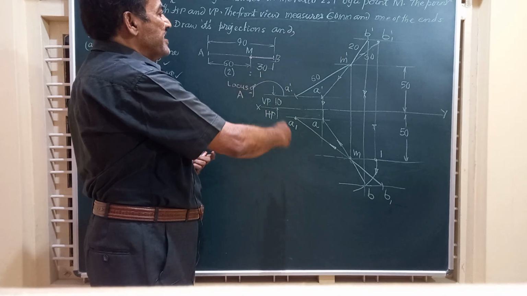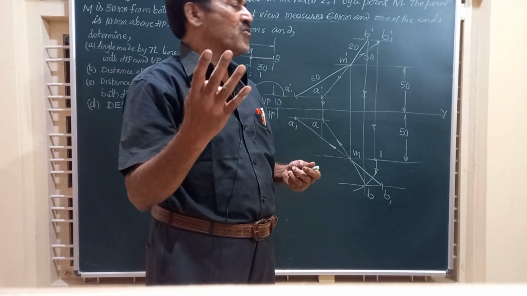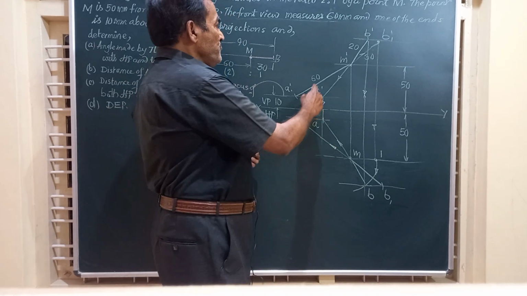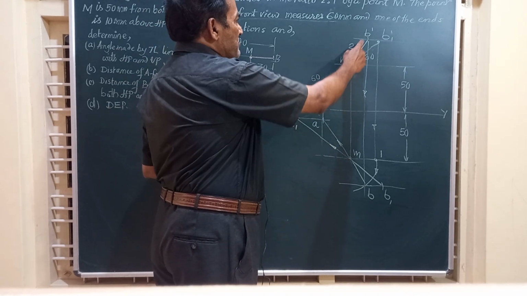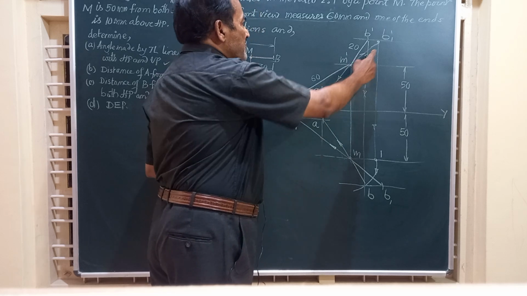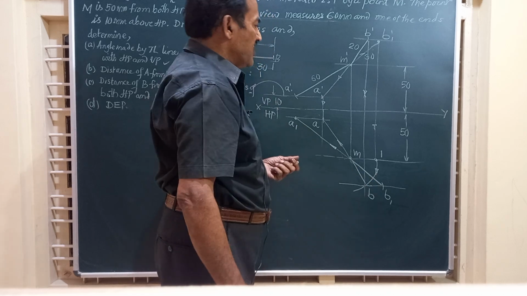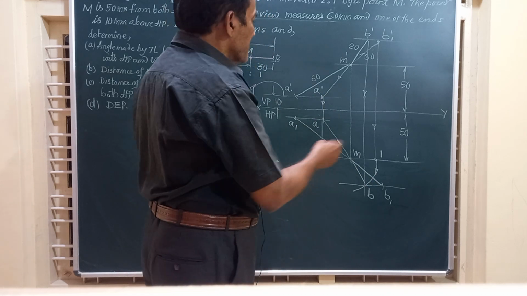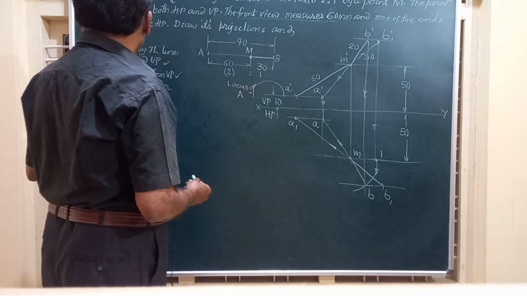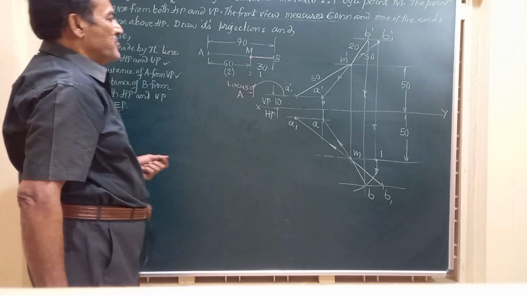So we have completed the projection of the line having 4 views, namely the front view A dash B dash, top view AB, true length in the front view A1 dash B1 dash, true length in the top view A1 B1. And apart from these projections, we have been asked to determine the angle made by the true length with HP and VP.